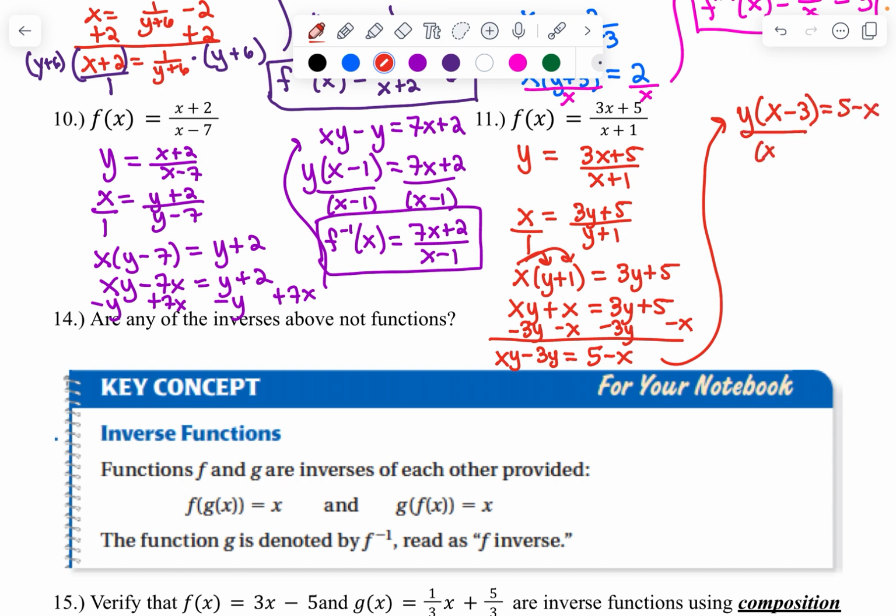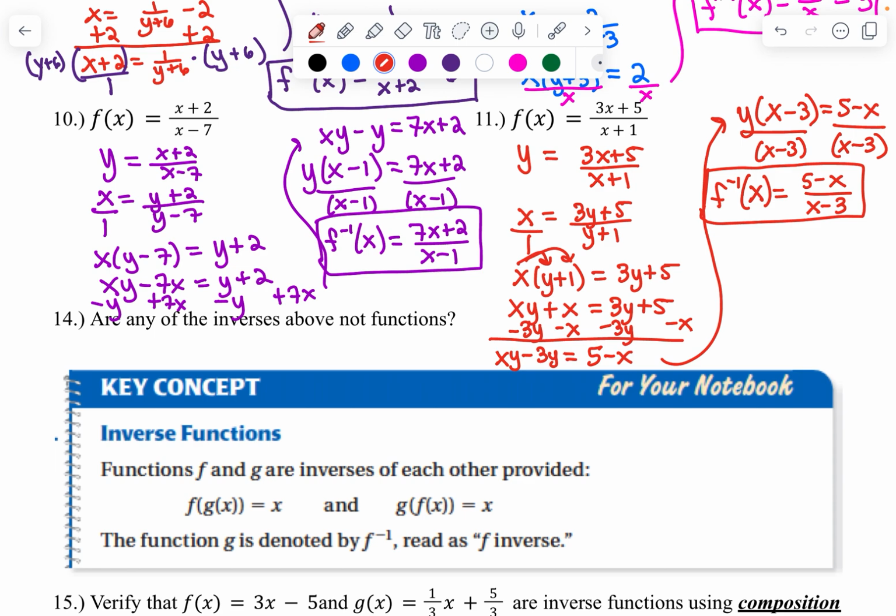And then we finish by dividing by that x minus 3 to get the y all by itself. But because we were in function notation initially, rather than writing y equals, we should write f inverse of x equals 5 minus x divided by x minus 3. And that would be your inverse equation.